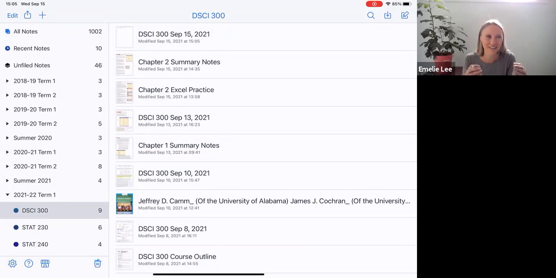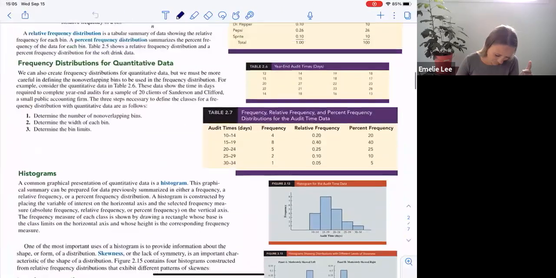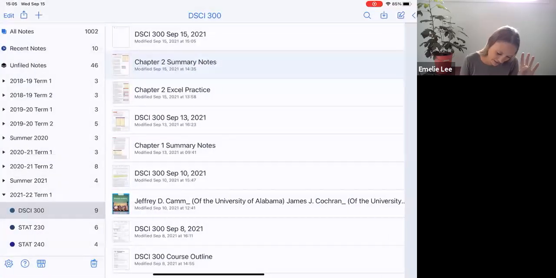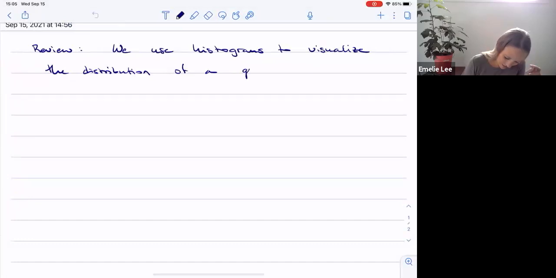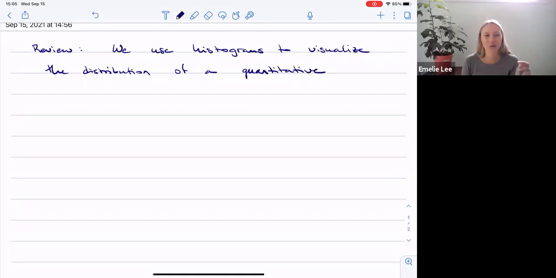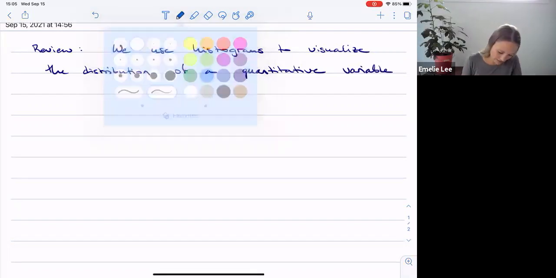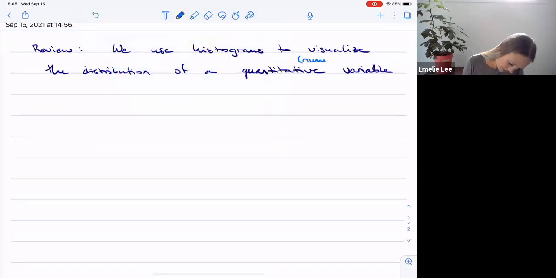I feel like we're using quantitative. Yeah. All right. Of a quantitative variable, right? But just as a reminder, I might call it a numerical variable because I might slip up every now and then.